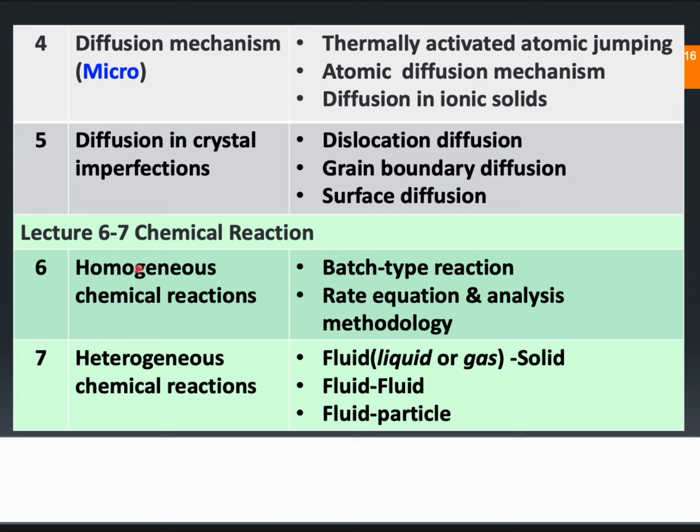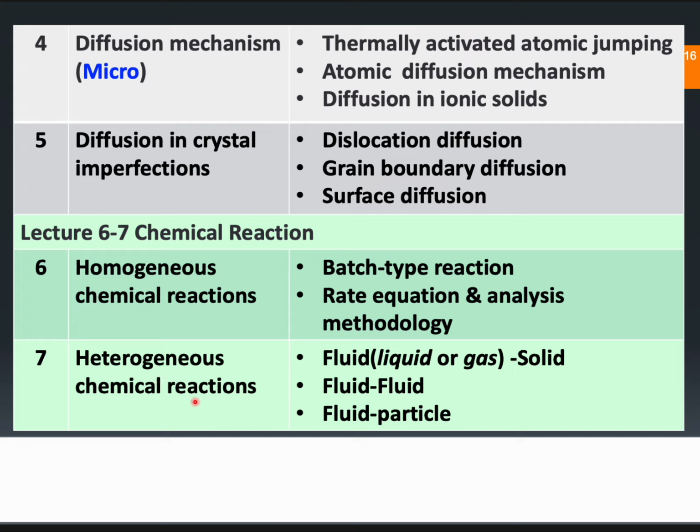So we are going to talk about homogeneous and heterogeneous chemical reactions in the following parts. In homogeneous chemical reactions, we will give you an overview of what homogeneous chemical reactions are, how to classify them, and highlight that the ones we discuss in kinetics focus on batch type reactions, and also show you how we can analyze or formulate the rate equation for your chemical reaction of interest.